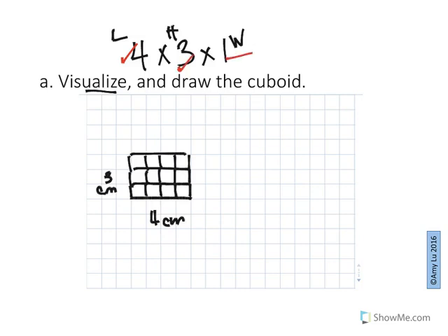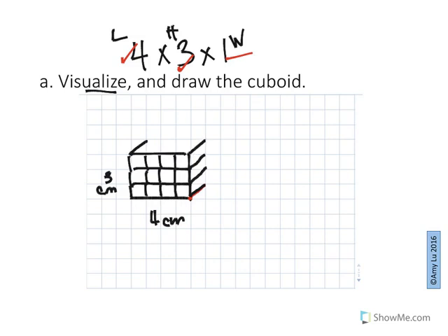I need my width. Now on grid paper, what you need to do is show that it's 1 cube wide. So I had to take the corner, the vertex of this square right here. I'm going to draw to the diagonal edge of that square. So that makes one of my edges. Then I'm going to continue that same pattern until I've done that with all the edges.